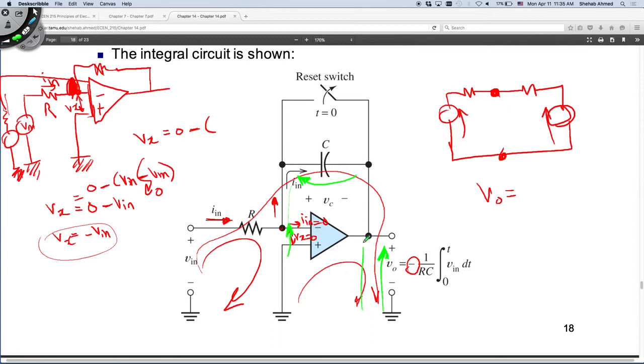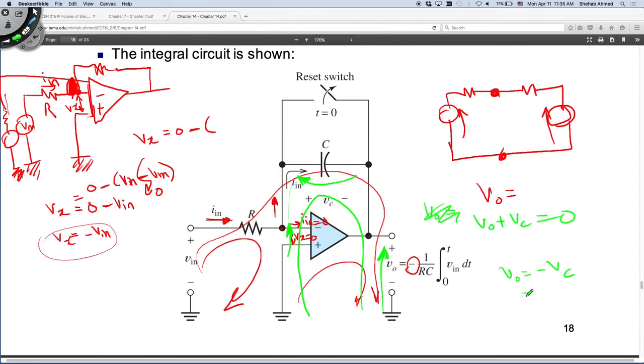So if I go around this loop, V output plus Vc, which are in the same direction, is equal to 0. So V output is equal to minus Vc.